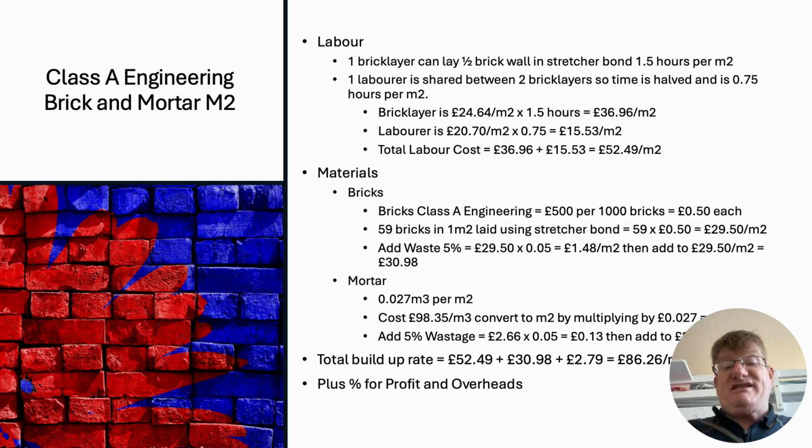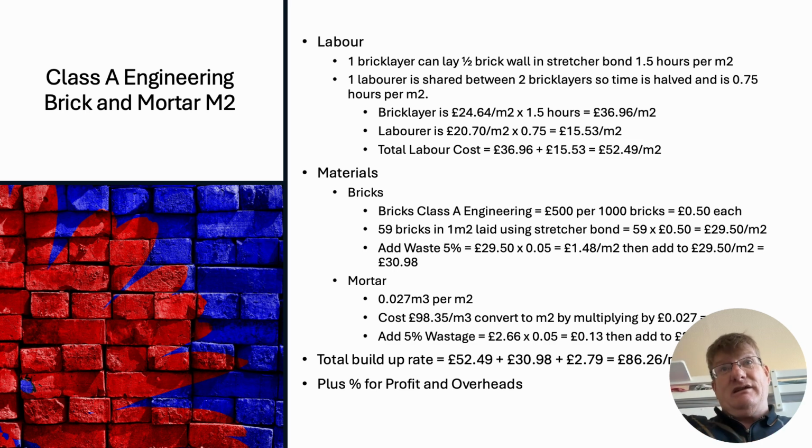Bricklayer is 24.64. That's what it says in the working rule agreement, because it's a craftsperson, times 1.5, and it gives you £36.96 per square metre. Labourer, I've said a basic labourer, but sometimes these labourers, particularly bricklayers' labourers, or craftspeople's labourers, will have a lot of other skills.